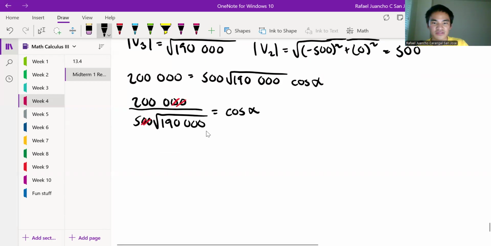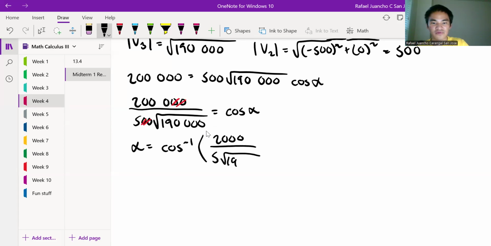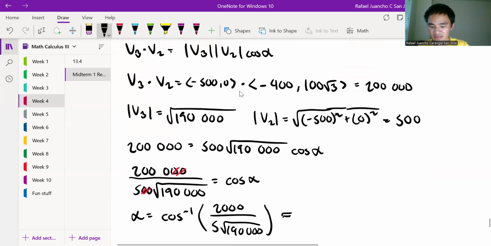So I could just say my alpha is arc cosine of 2,000, 5, 190,000. It was just approximately some number. So it's arc cosine, and this is in degrees, right?